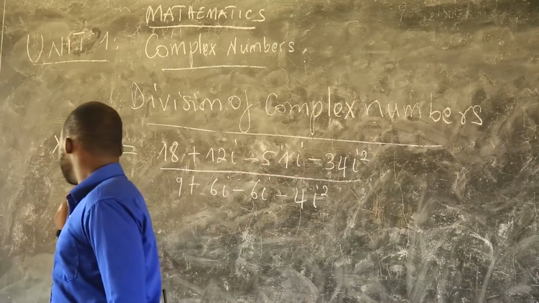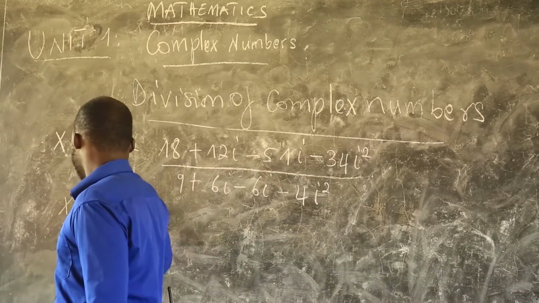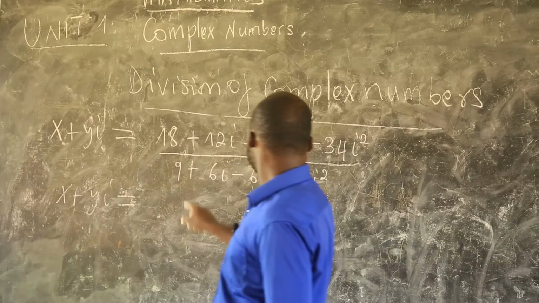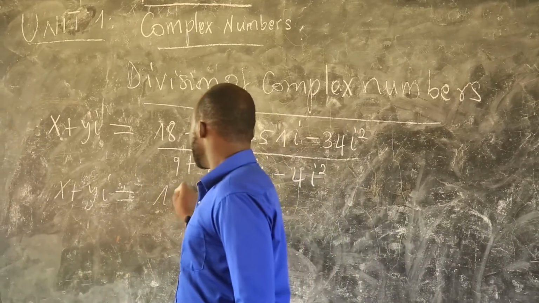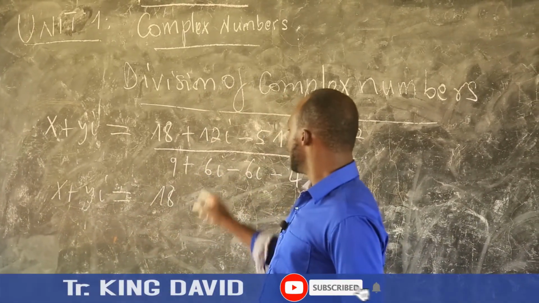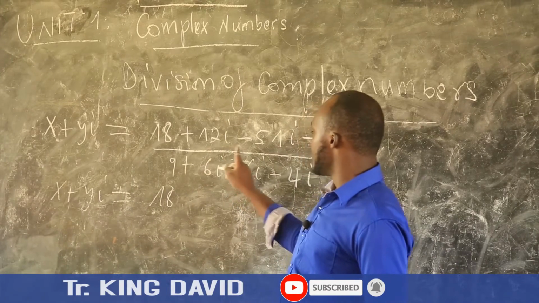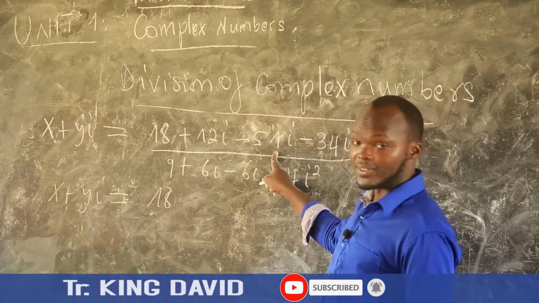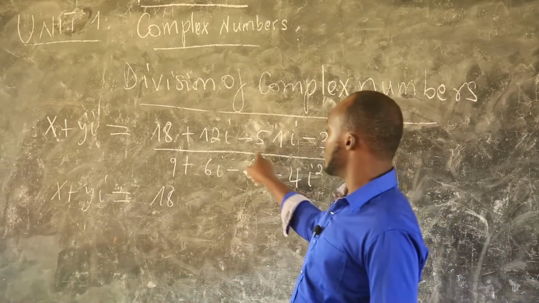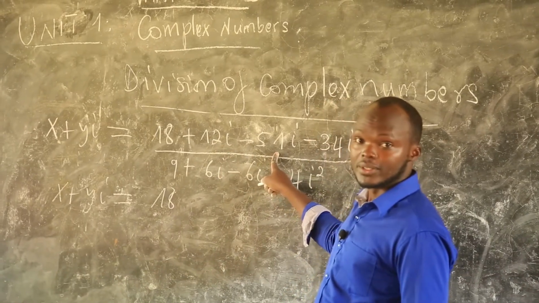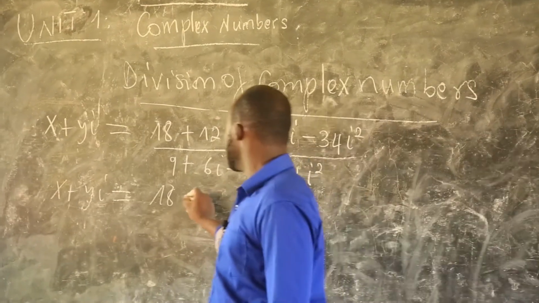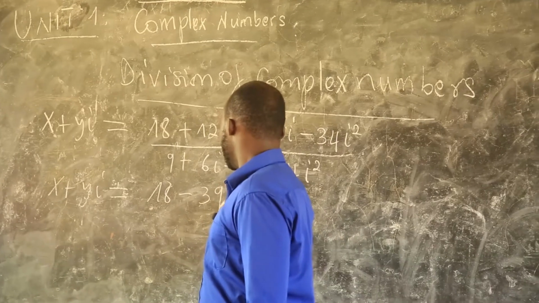Our x plus yi, the answer is 18, 12i minus 51i. So what is 12 minus 51? It will be negative 39i.